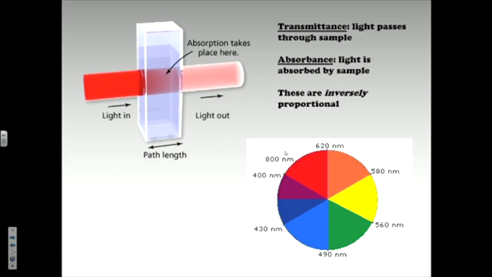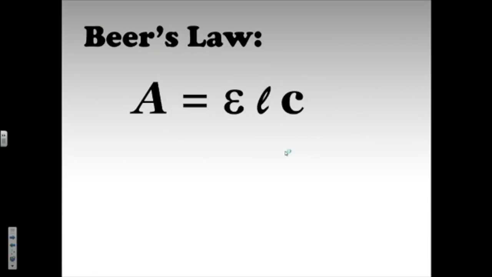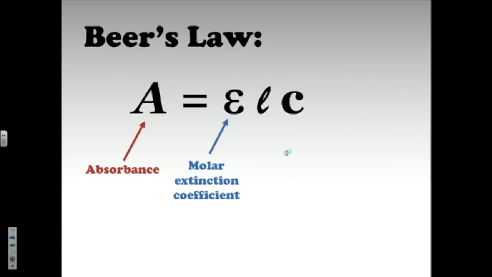So if you remember this one, Beer's law, which is how we relate this mathematically, the absorbance to the concentration of something. So absorbance, A, is related to concentration, C, by relating it to the molar extinction coefficient, also called the molar absorptivity, which is a constant that's a property of a chemical species.